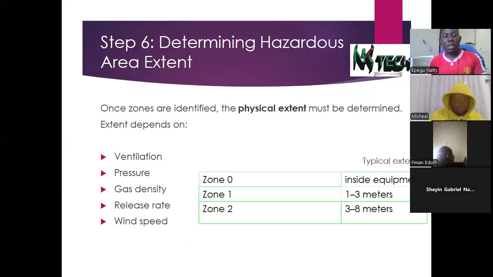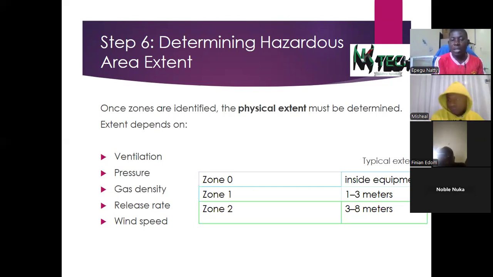Now, things that can affect your zoning are your ventilation, the pressure, the gas density, the release rate, and your wind speed. If you have high wind, it can actually spread your gas, and by the time you spread the gas, it will extend the zone.